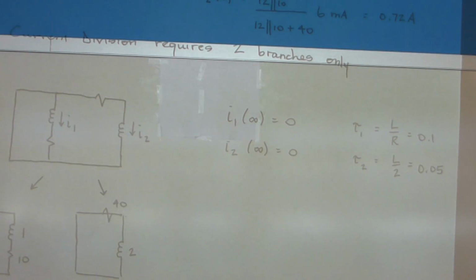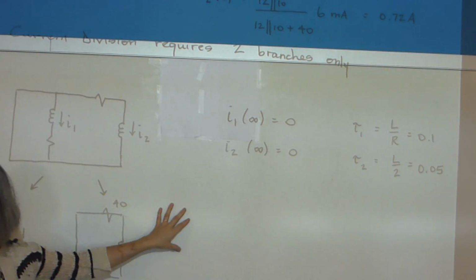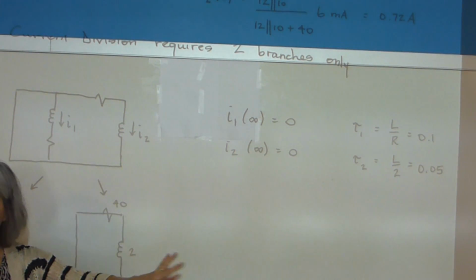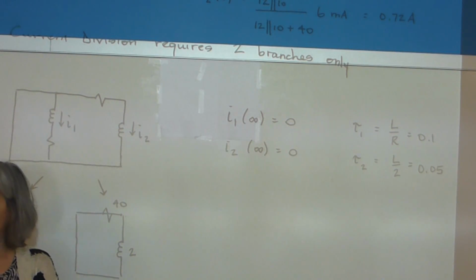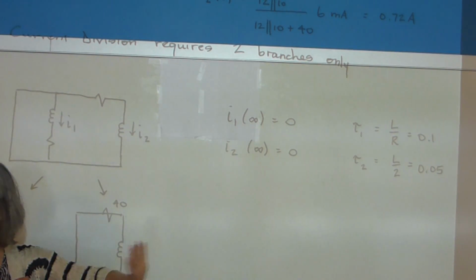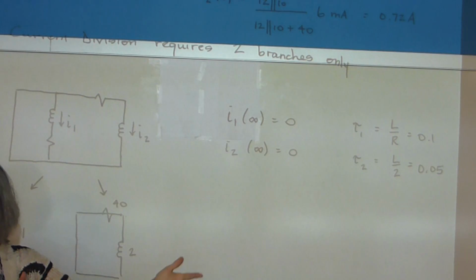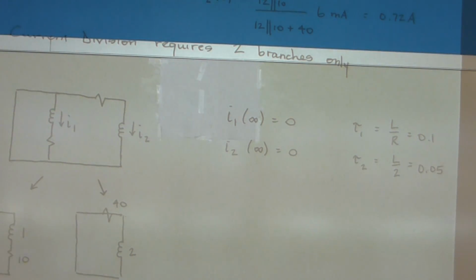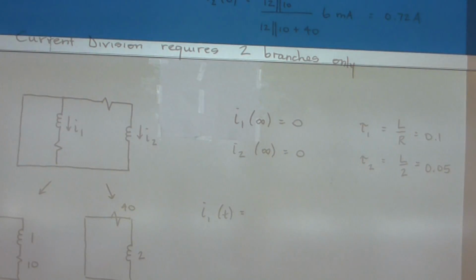And here we can use u of t because we just have before 0 and after 0. That's what u of t does. It separates before 0, which is 0, and after 0, which is going to be 1, so it's whatever our equation is. So finally we will have I sub 1 of t equal to, and here's an interesting thing.